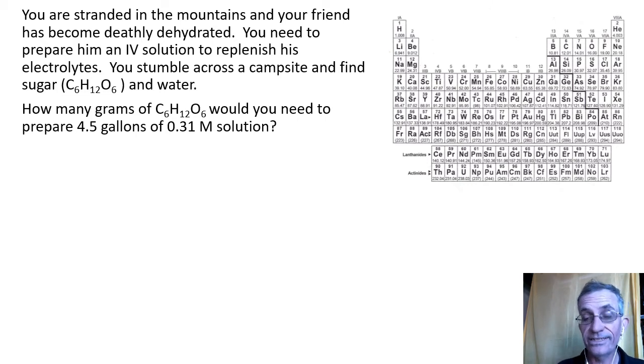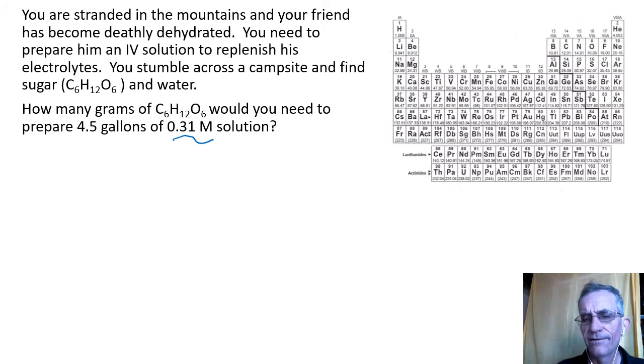So the concentration that they always give you, it's the same concentration as you have normally in sugar in your bloodstream, which is 0.31 molar. If you make up an IV or somehow you get an IV and it's not that molarity, your blood cells will expand or shrink and you'll die, all right, from it. It'll rupture your blood cells.